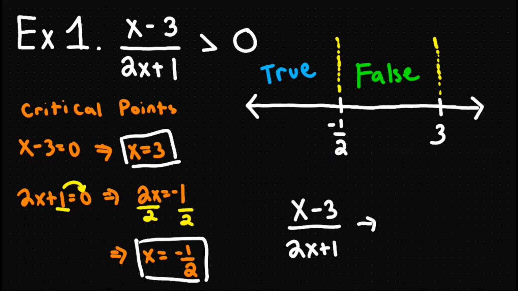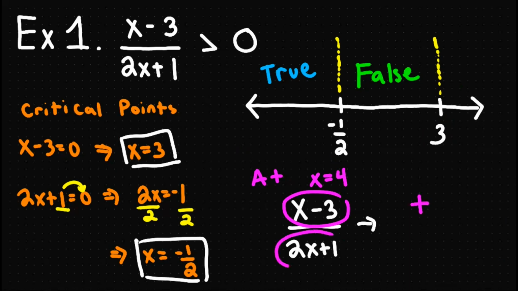So last one. For this region out here, what is a test value that we can use? So we need a value that is greater than 3. We can use 4. So at x equals 4, then x minus 3 will become 4 minus 3, which is 1, and that will give us a positive value.